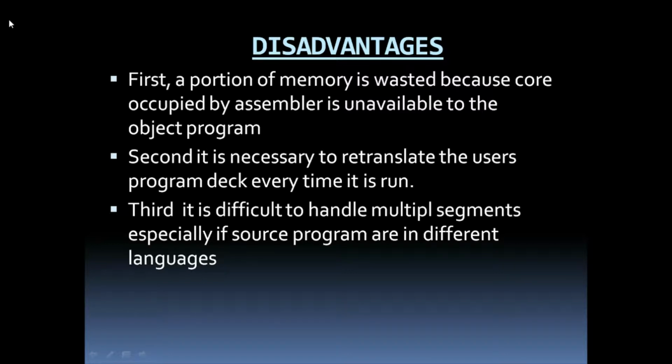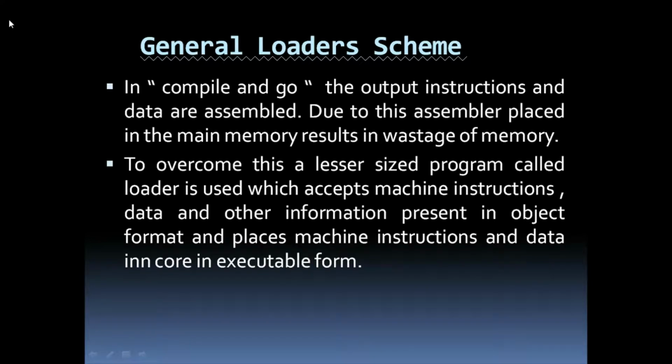Now let us come to the next loader scheme, the general loader scheme. Before I come to the general loader scheme, we shall see what the problem is in the compile and go loader scheme.